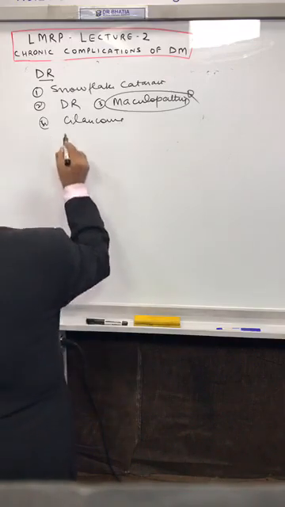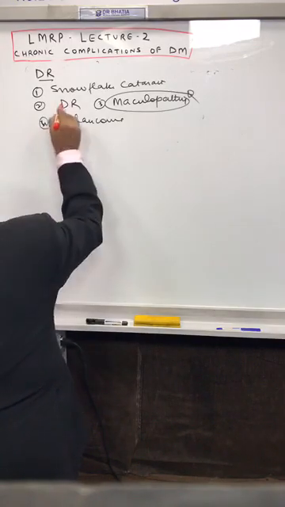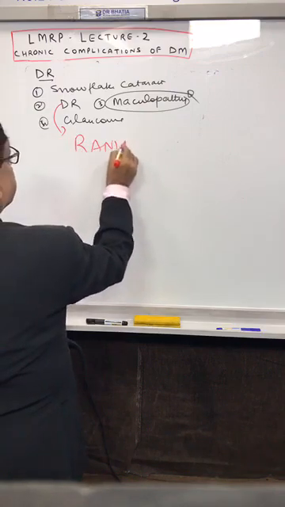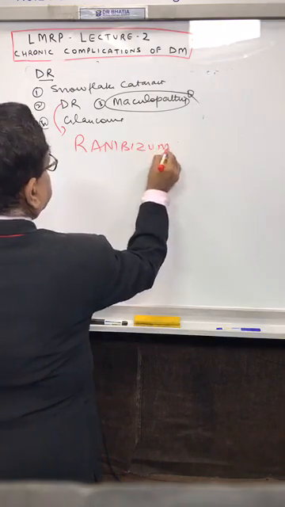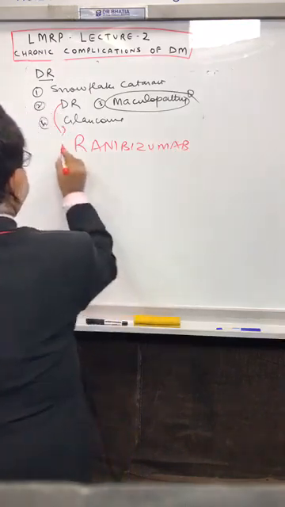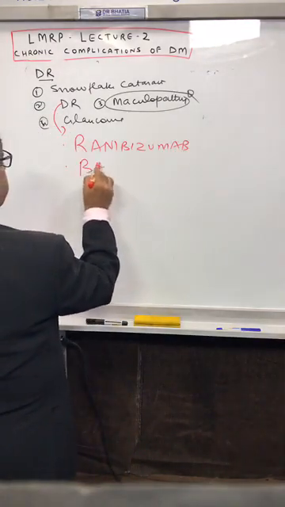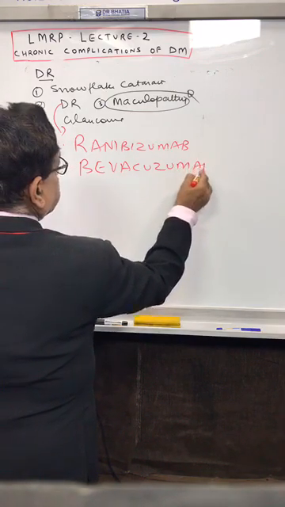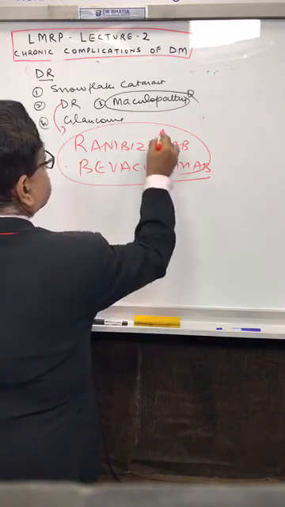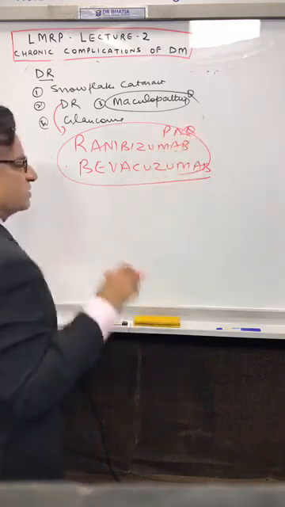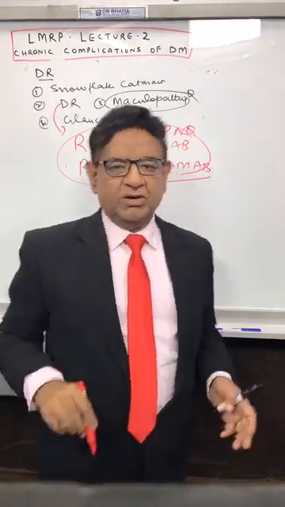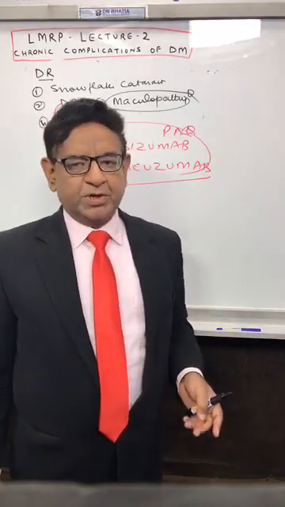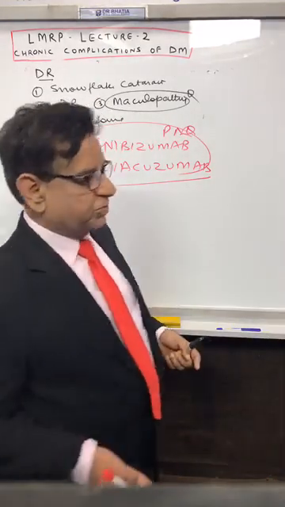The drugs meant for diabetic retinopathy are ranibizumab and bevacizumab. 100% you will most likely get this question, because they are widely discussed in all the conferences. The drugs which can prevent or reduce the progression of diabetic retinopathy are these two drugs.